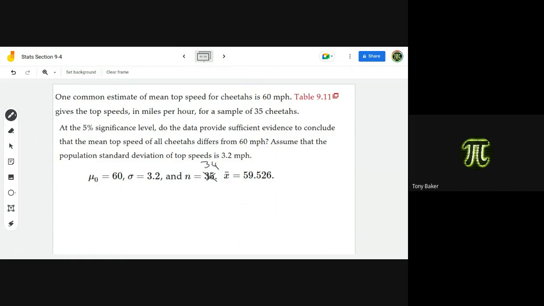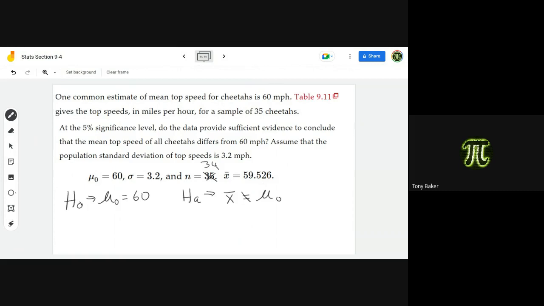What is my step one? My null hypothesis is that the mean is 60 miles per hour. And my alternate hypothesis is what? That it is not 60, correct. You can put not 60, it's fine.